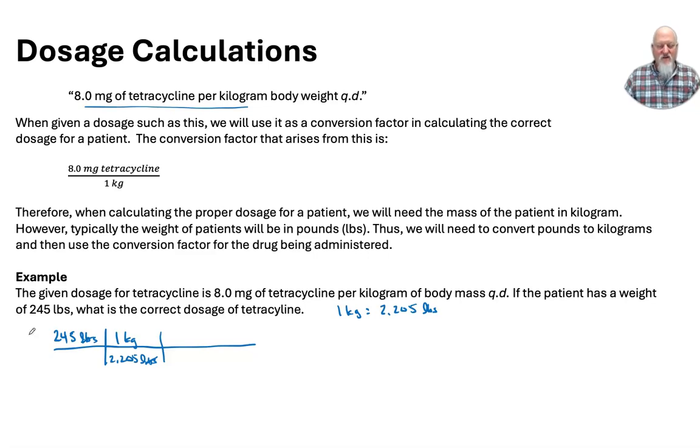Now we can take our dosage information, 8 milligrams of tetracycline per kilogram of body mass. So 8.0 milligrams tetracycline. Just going to write that as tetra, per 1 kilogram of human body mass.